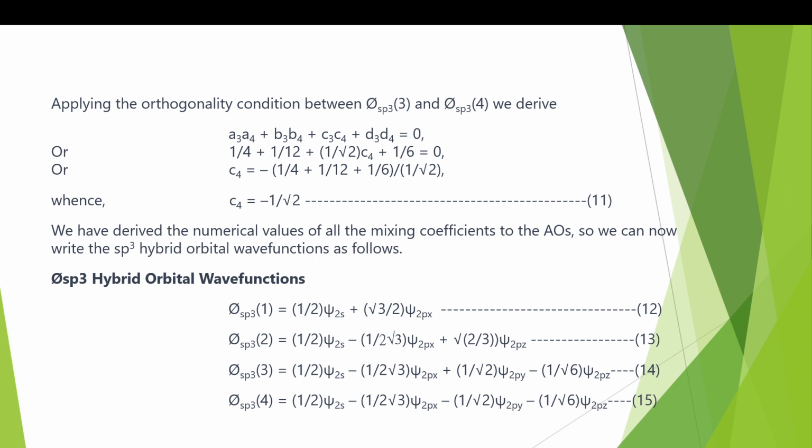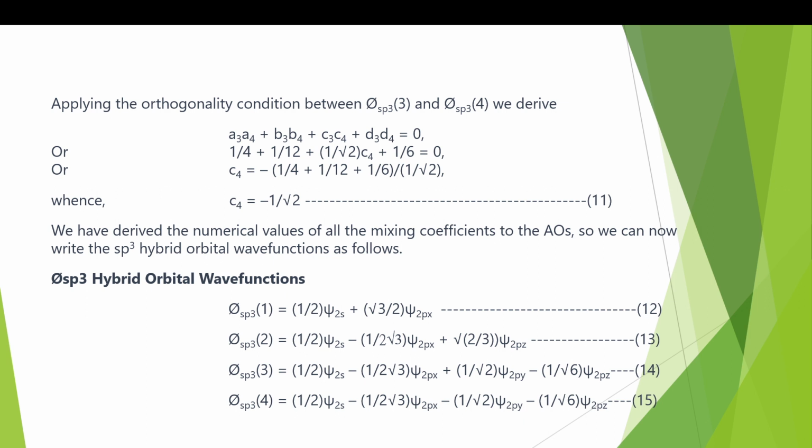Alternatively, c4 can also be evaluated by writing a3 a4 plus b3 b4 plus c3 c4 plus d3 d4, and the same value we get, c4 equal to minus 1 over under root 2, equation 11.